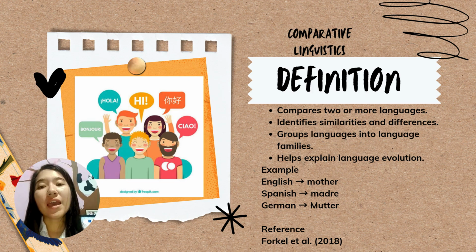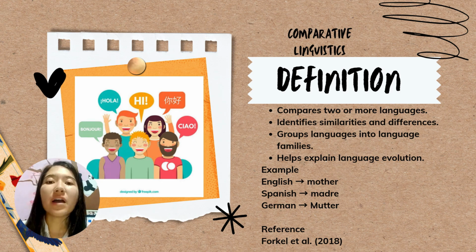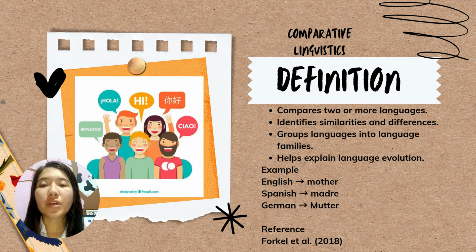In comparative linguistics, we compare different languages to identify similarities and differences. According to Forkill and colleagues in 2018, comparing linguistic data helps researchers understand language relations, shifts, and language evolution. Languages such as English, Spanish, and German share similar words because they belong to the Indo-European language family.